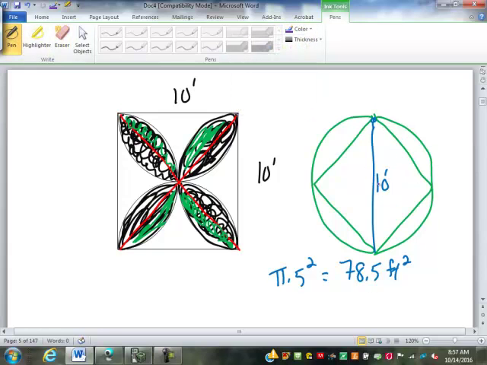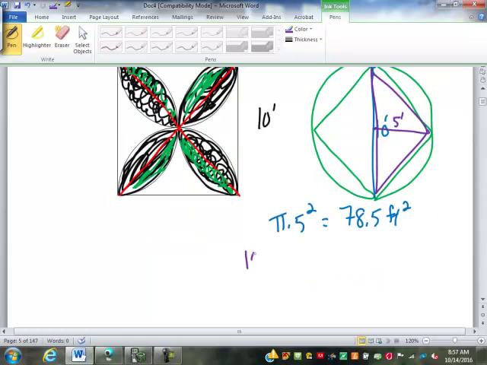That square in here, you're going to say, well, I don't know the side, but I can do this. I know that's 5 feet, right? This is a triangle that's 10 by 5. So it's 10 times 5 divided by 2, but then there's a second one, so times 2. So that's 50 square feet. Ever see what I did there?